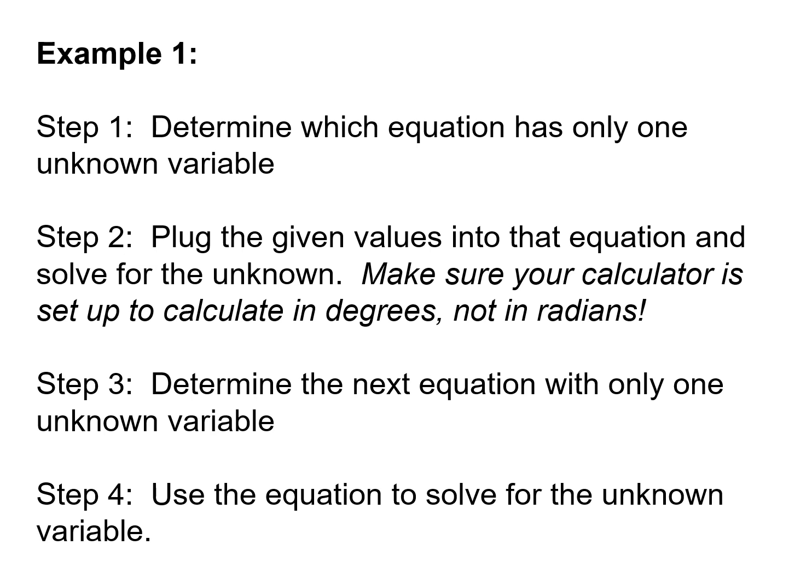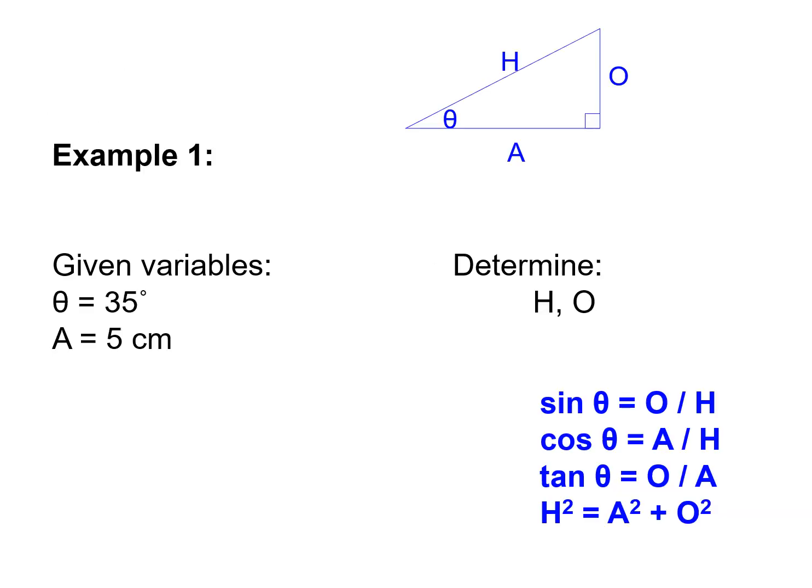But if you're using Apple, just make sure that your calculator is set to degrees and not radians. We will be talking about the difference in later lectures, but just make sure that your calculator is set to the right units. And then just keep determining the next equation that only has one variable, and use that equation to solve for the unknown variable. It's just a whole bunch of steps.